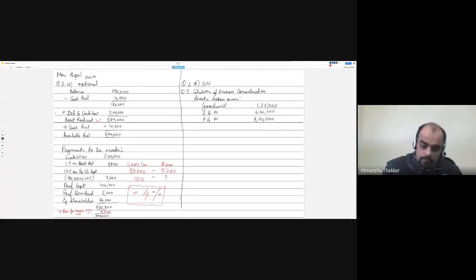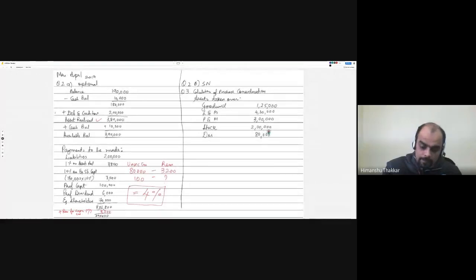Please keep practicing sums, and when you repeat these sums before the exam, you can just check on Jamboard for any kind of problem you face while doing the sums yourself. Then comes debtors, 80,000.